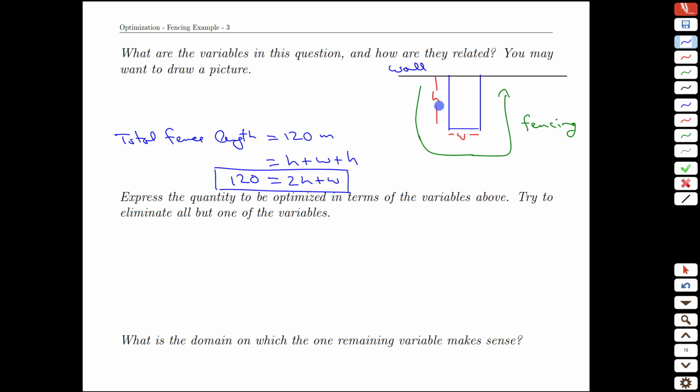The other variable relationship that's going to be relevant is the actual area. Let's call that A. And because this is a simple rectangle, the area is equal to height times width. So just based on the geometry of the problem and some of the text, we have a relationship between the variables: the area related to height and width, and the height and width tied to the fencing lengths.